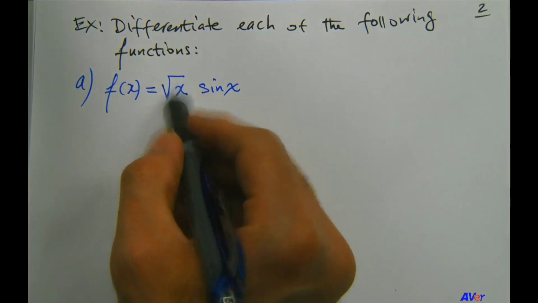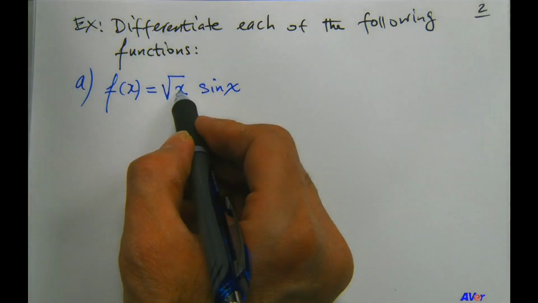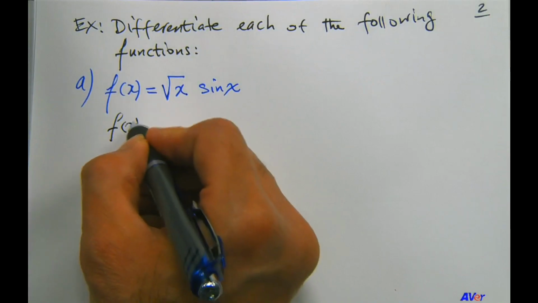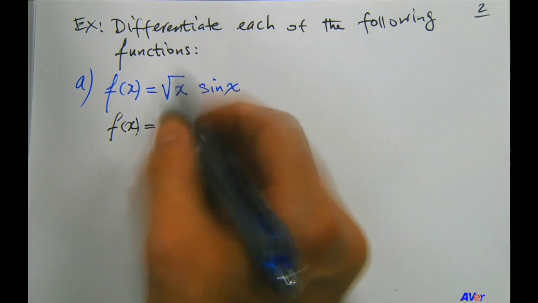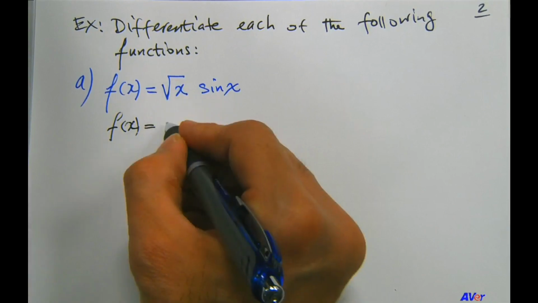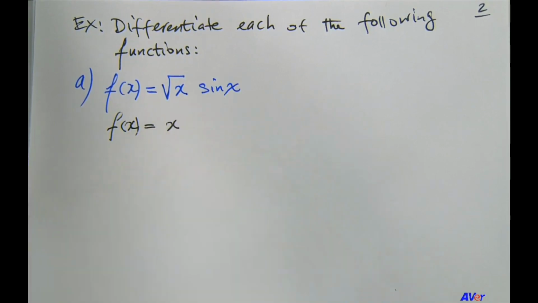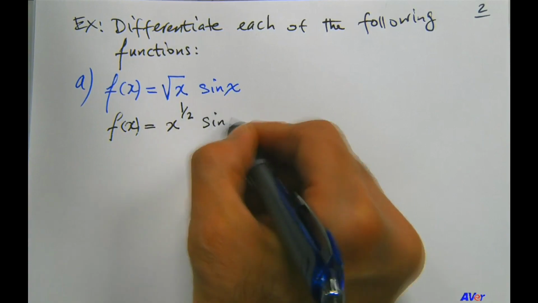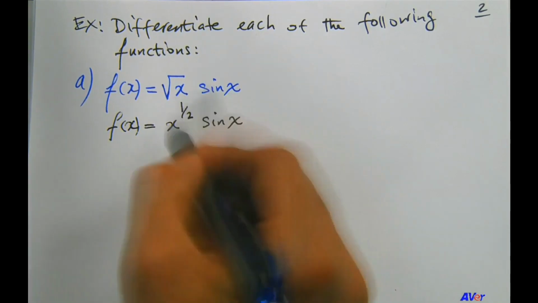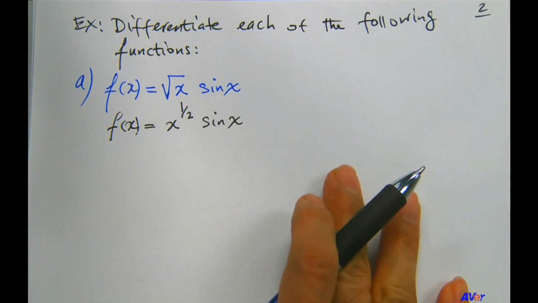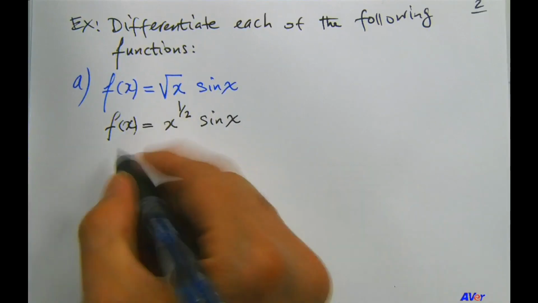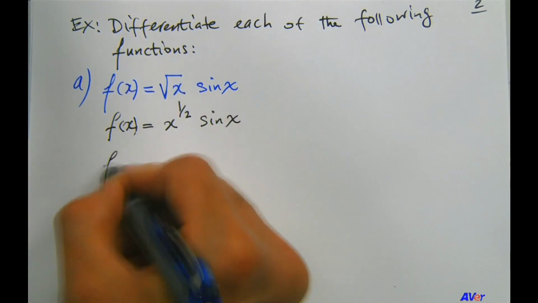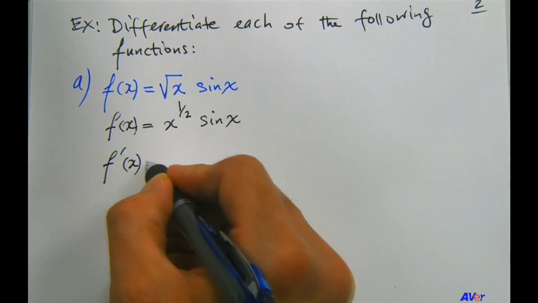Okay, so first of all, I want to rewrite this in terms of a rational exponent, because it's easier that way to find the derivative of square root of x. So instead of square root of x, I'm going to write x to the 1/2 power times sine of x. So these two are being multiplied by each other. Okay. So this is just rewriting the original function, and then of course we have the f prime of x.